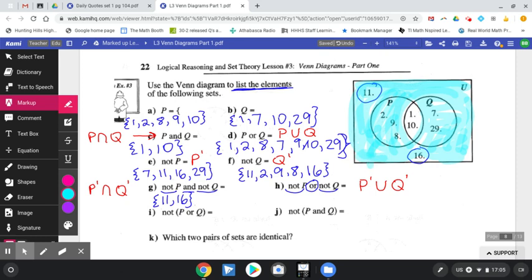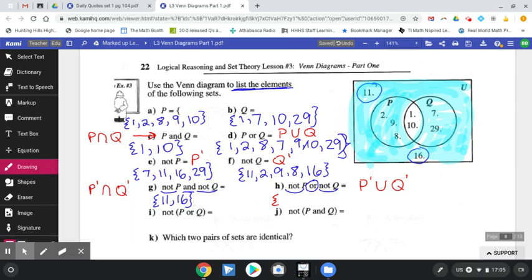Everything in that shaded region would be part of this new set. So for H, we'd say 2, 7, 8, 9, 11, 16, and 29.